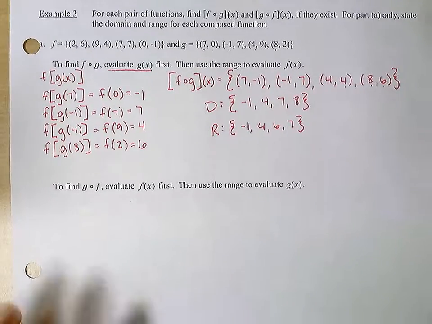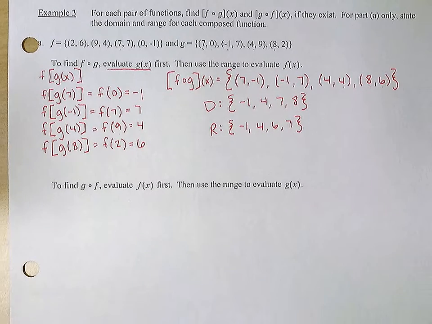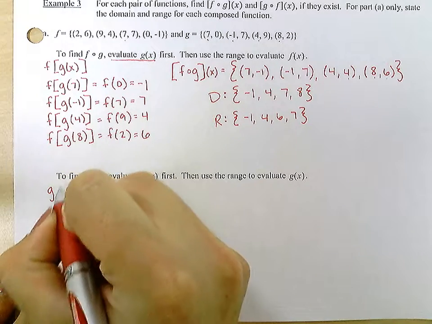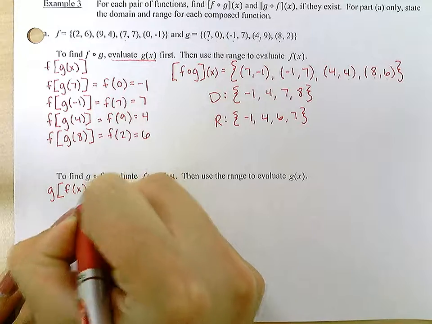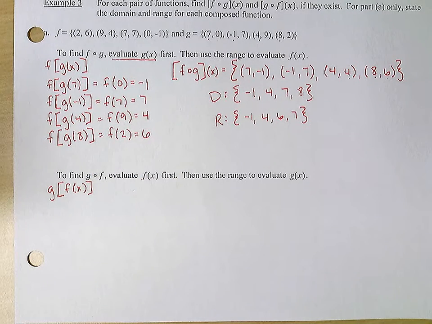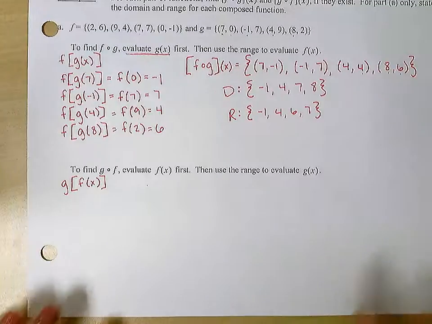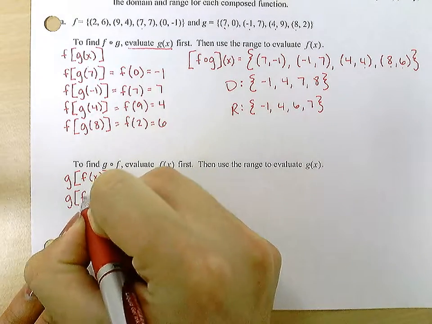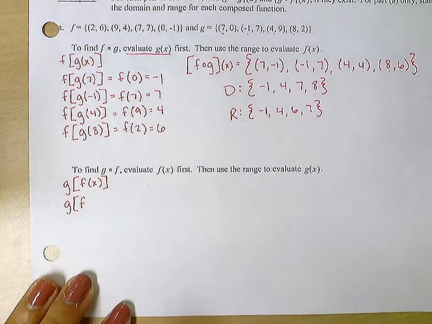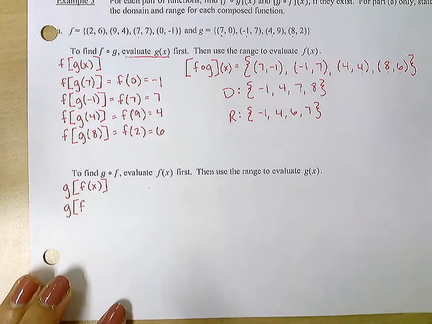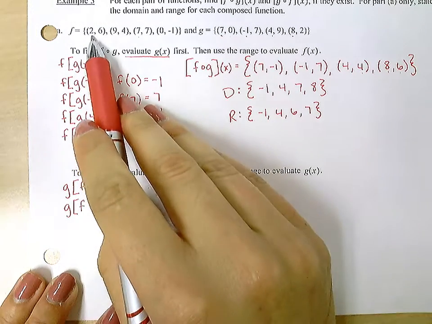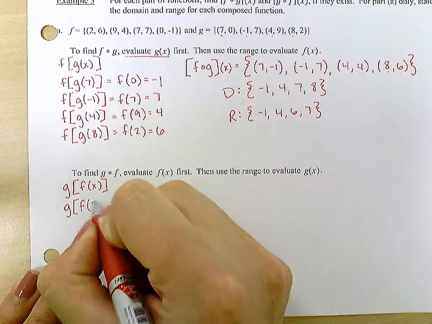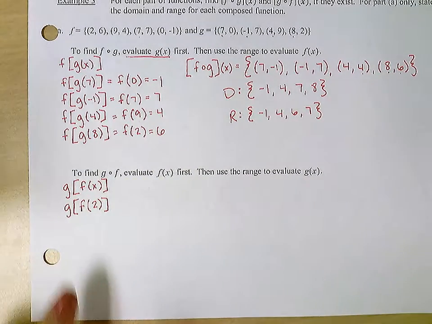All right, so the next part here, we're going to do the opposite. So we're going to do g of f of x. So this time you're looking at your f function first, the x's in your f function. My first x value in my f function is 2.